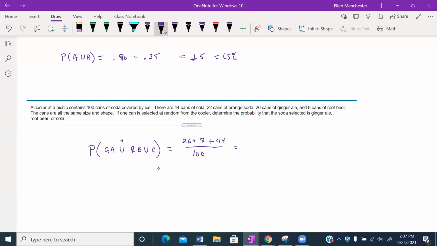So in other words, you don't really care what kind you get, just give me one of these. Then we just add the probabilities. So add the desired number. So 26 and 8 is 34, plus 44 is 78 out of 100. So we have 0.78 or 78% chance of getting a Coke, ginger ale, or a root beer. Okay, all right, we'll stop there.